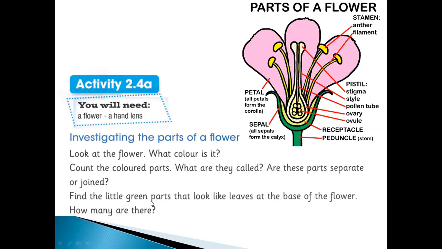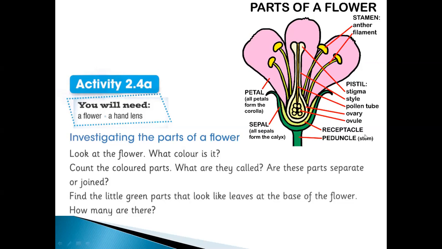Find the little green parts that look like leaves at the base of the flower. How many are there? So you can see there is a flower at the corner, and its parts like stamen, anther, filament, petal, sepal.